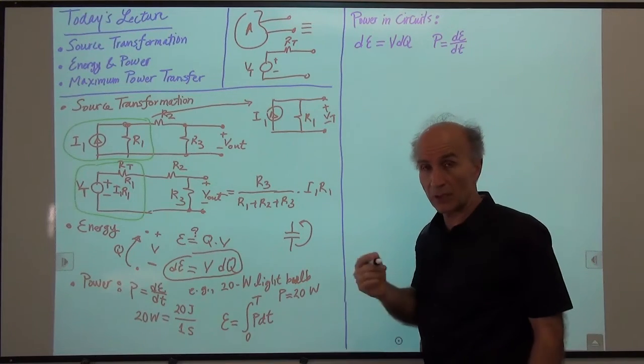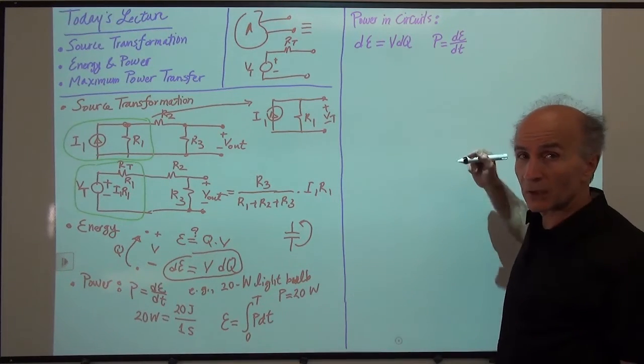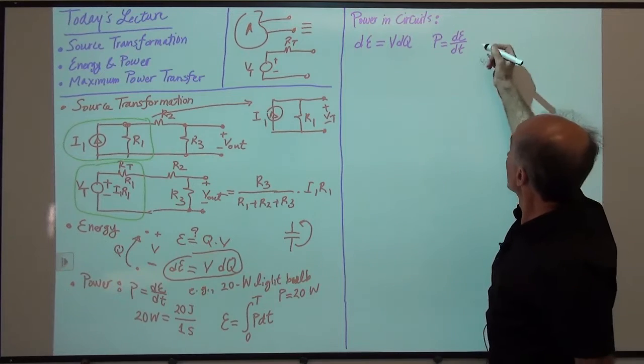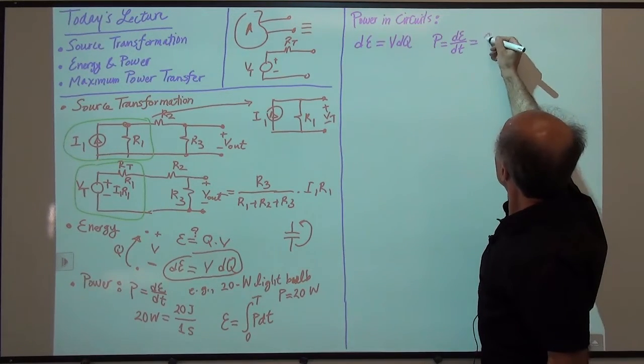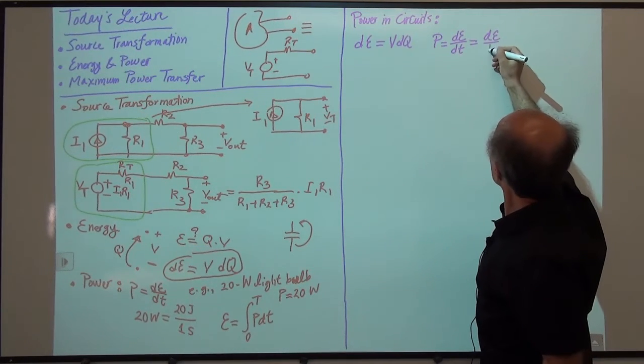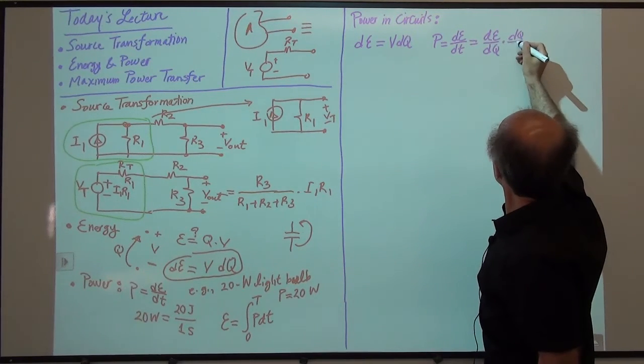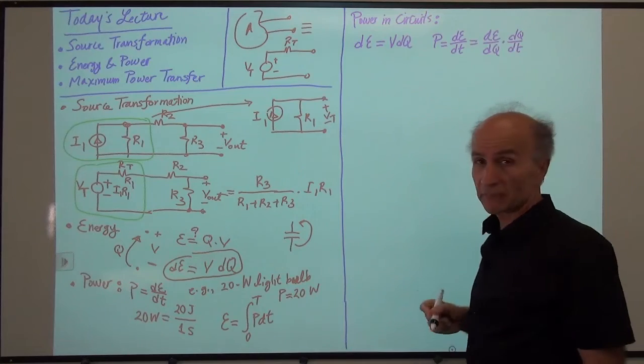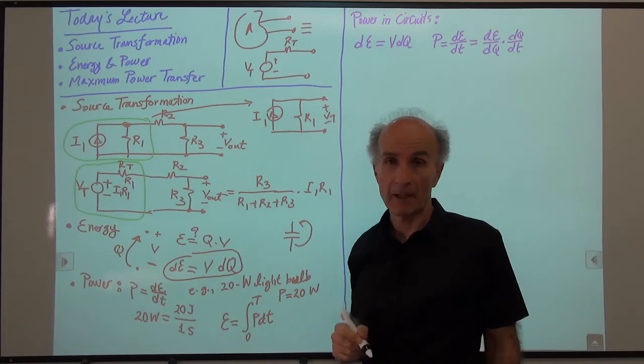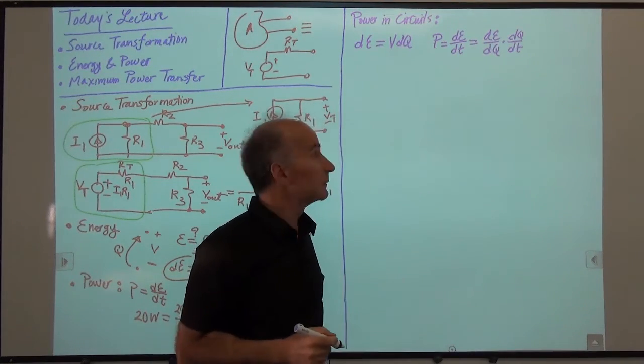All right, the rate at which energy is consumed. Now I'll use the chain rule in this equation. So I'm going to write it as dE over dQ times dQ over dt. That's okay, right?